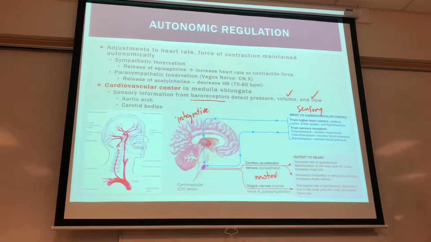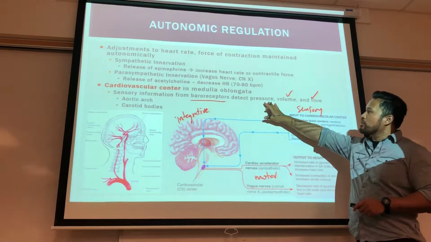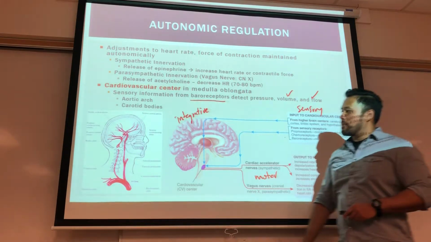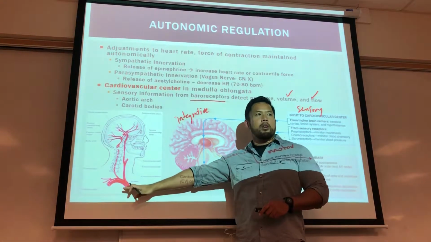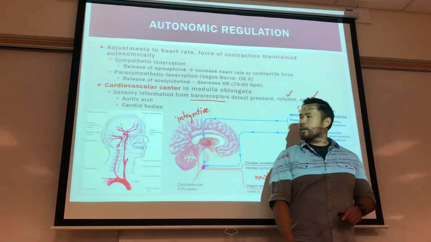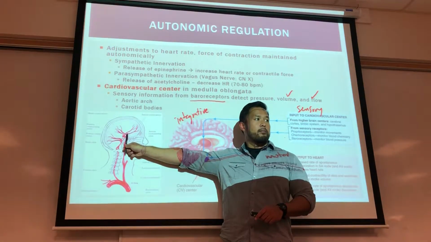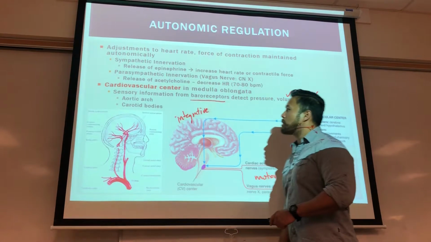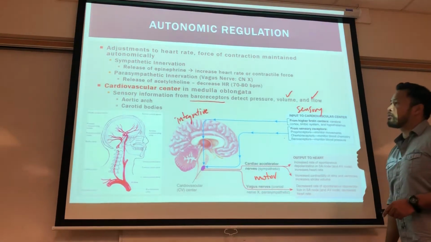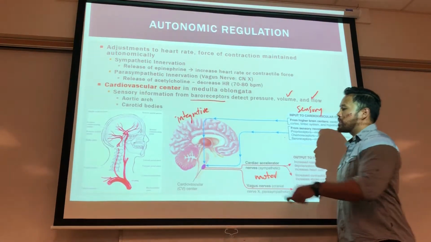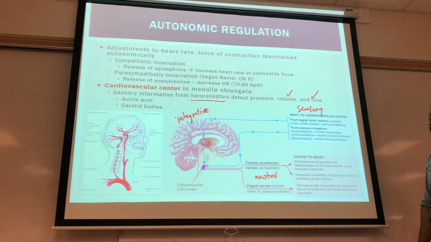Volume and flow are all related to pressure, something we'll learn in our respiratory lecture, and actually this lecture as well. So we want to make sure that the pressure is appropriate because that pressure is going to be important for blood flow throughout the systemic circuit, which includes blood going up to the brain. So we want to make sure we got enough pressure, enough blood flow to the critical organs. So naturally those baroreceptors are located in the aorta as well as the carotid bodies.